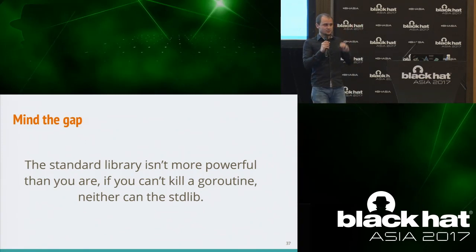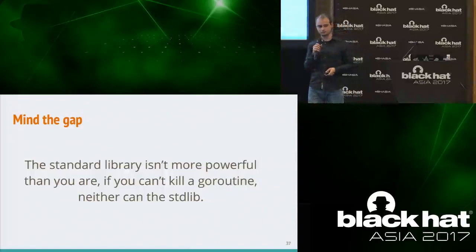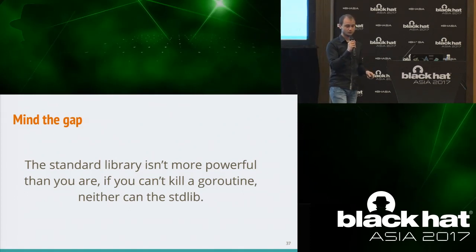This is a nice piece of advice that I have learned by reading Go sources. If the standard library can do something, so can you. The standard library is written in Go, a pretty good, pretty readable one, very well documented and commented.